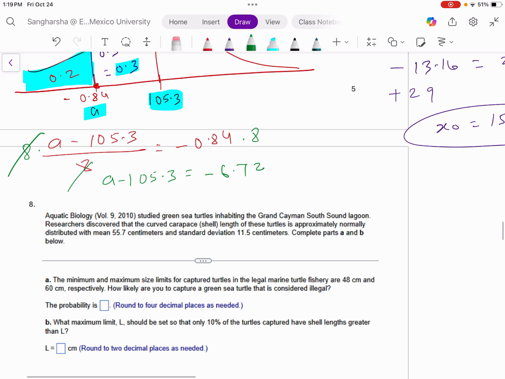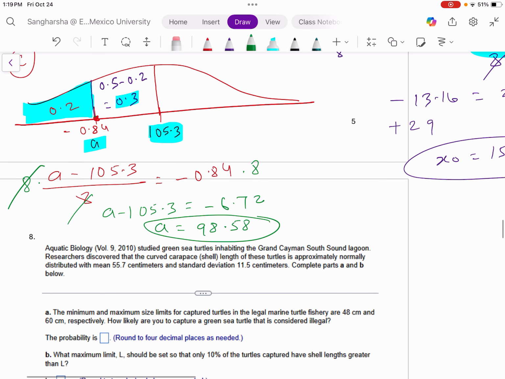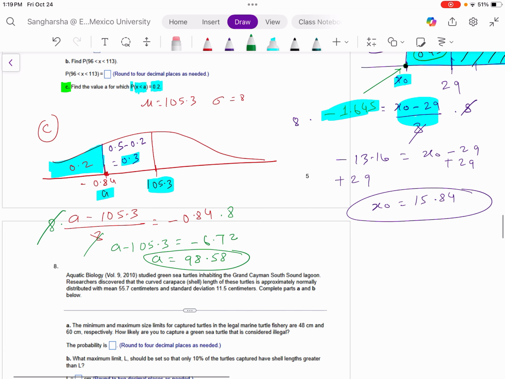You add 105.3 on both sides and we get A equals 98.58. Okay, this is the final answer. It's very similar to the one that we did earlier. Okay, next here.